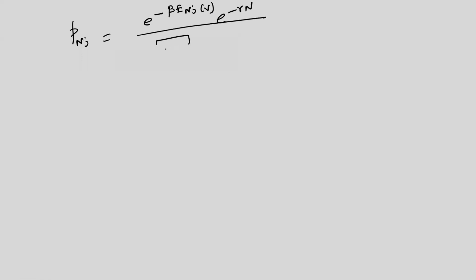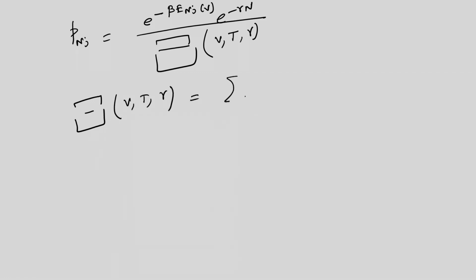So, we get P n j is e to the minus beta E n j, a function of volume, e to the minus gamma n by capital theta, a function of V, T and gamma, where capital theta is sum over n sum over j of e to the minus beta E n j and e to the minus gamma n.